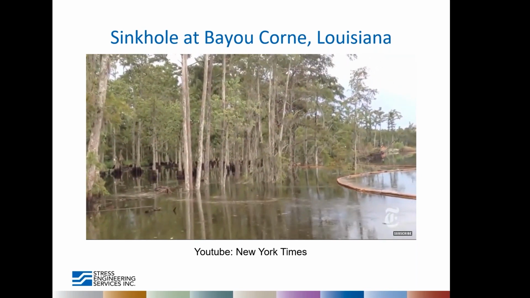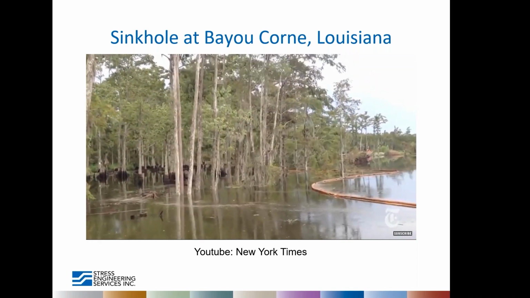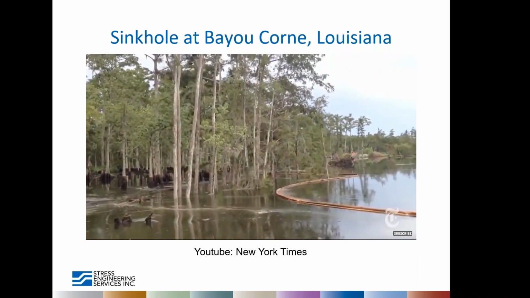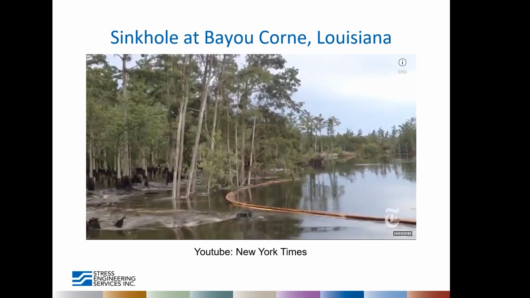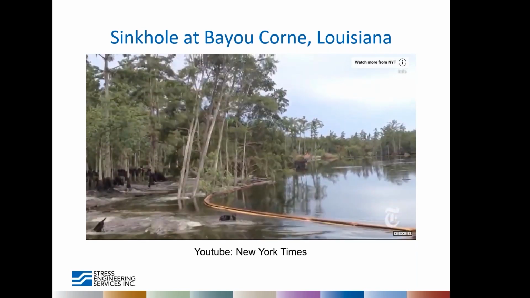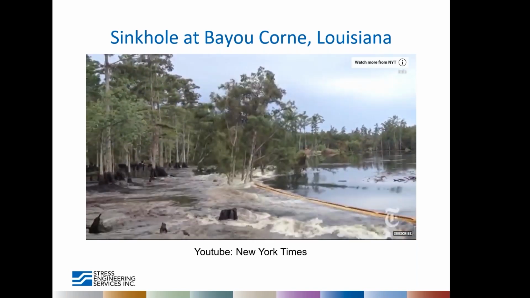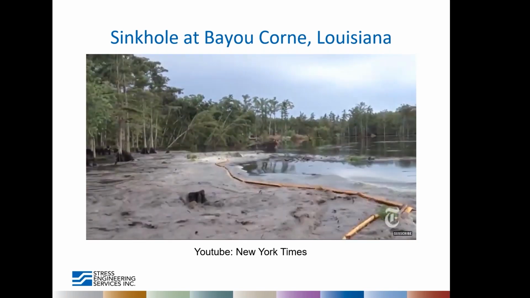What you can see here is the drastic spread of that sinkhole, and you can actually see these trees starting to sink into it. This is a good example of how deep these things can be and how fast they can form. The entire height of those trees is eventually going to be eaten up by this lake that has really formed as a result of that sinkhole formation.